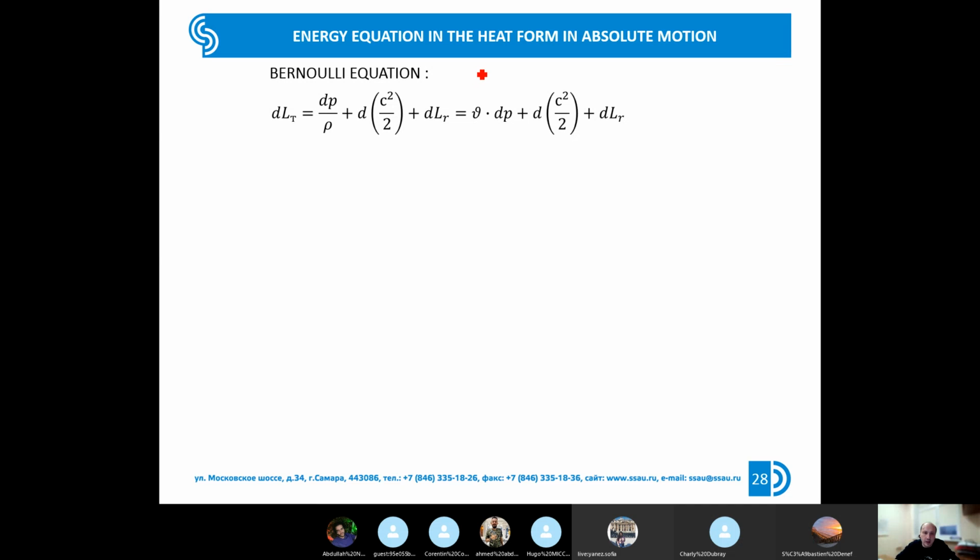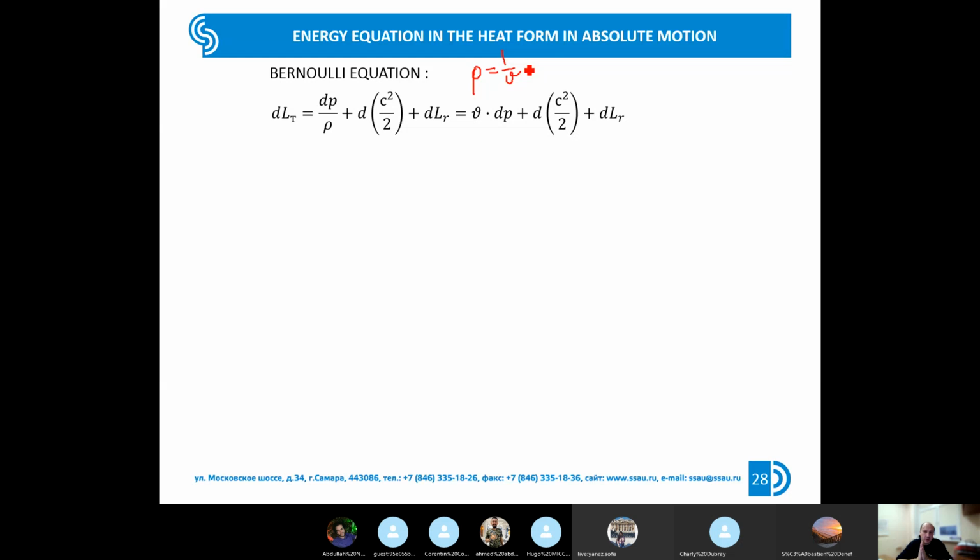I hope you remember that density is one divided by the specific volume. In the ideal case, the working process in the turbomachinery takes place without supplying external heat and internal heat too. So in the ideal case, we do not supply heat in the turbomachinery working process.